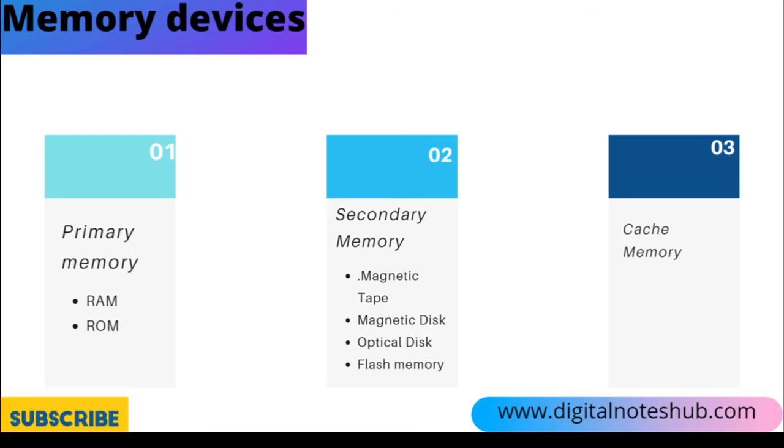We can classify memory devices mainly into three parts: primary memory, secondary memory, and cache memory. Here we will discuss these memory devices in brief, but in the upcoming parts of this series we will discuss them in detail.